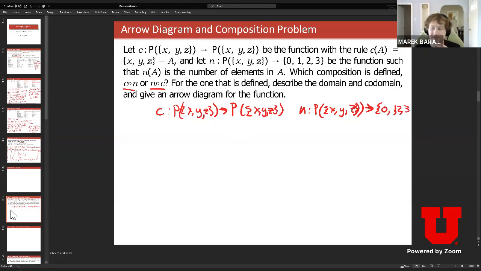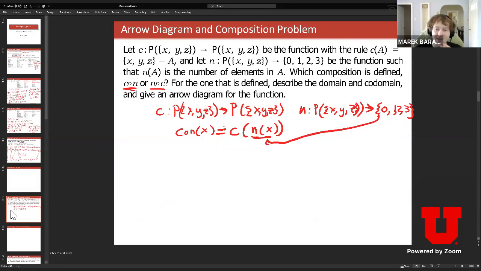So if we tried to do C of N, what that's saying is, we take C of N of X, this is equal to C of N of X. If we look here, this is going to give us something like 0, 1, 2, 3.